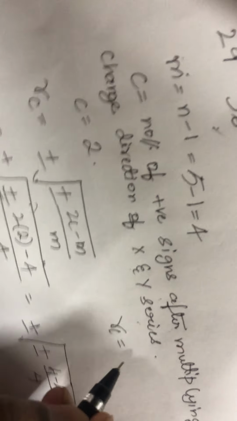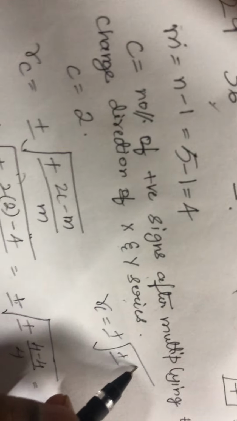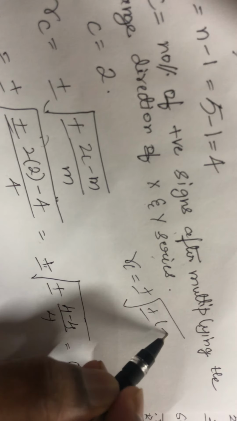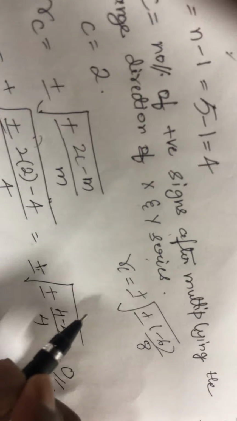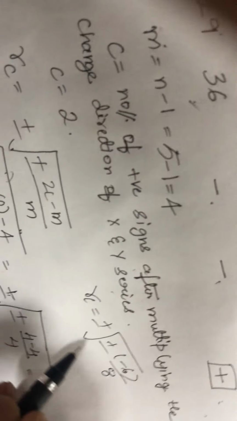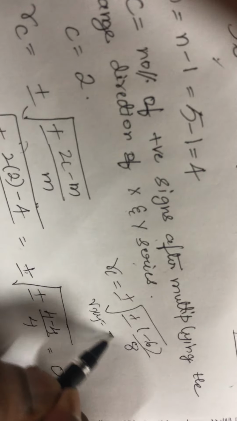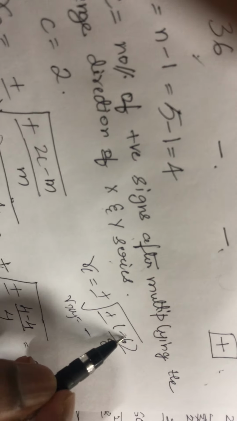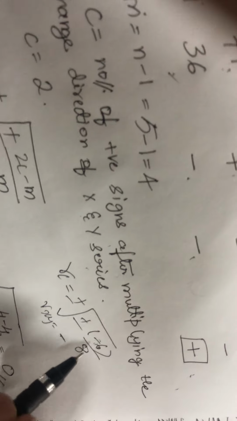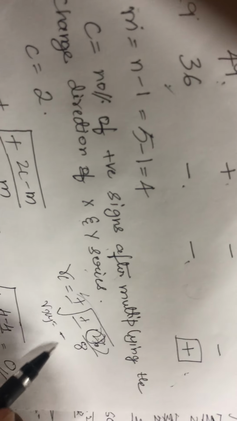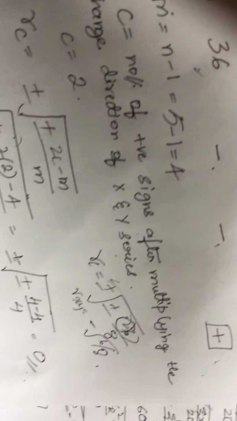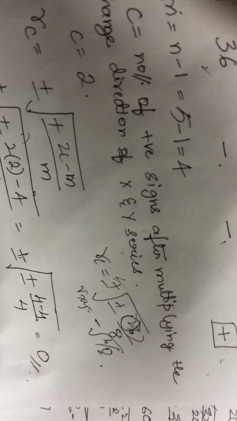For RXY, that is plus or minus square root of plus or minus; when you solved 2c minus m, you got minus 6 divided by 8. You are getting a negative number, therefore RXY will be a negative number. The root of a negative inside factor is imaginary, so we take this negative sign outside. So take minus outside and then take root of 6 by 8. This is how we have to do it.